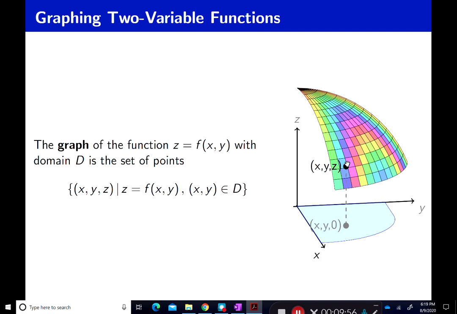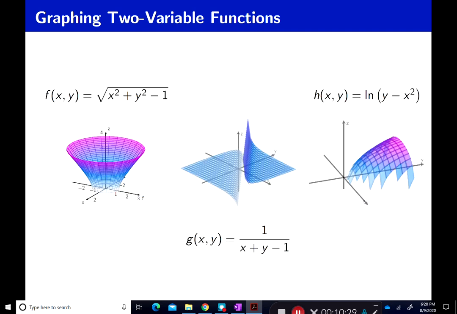And so basically, if I go from x, y, and 0 all the way to that z-value, I get a point that represents z equal to f of x and y. And that's how we graph the function: for every x and y in the domain, we find a z-value, and from that x and y, we go up z steps, the height of z steps, and we get a point on the graph.